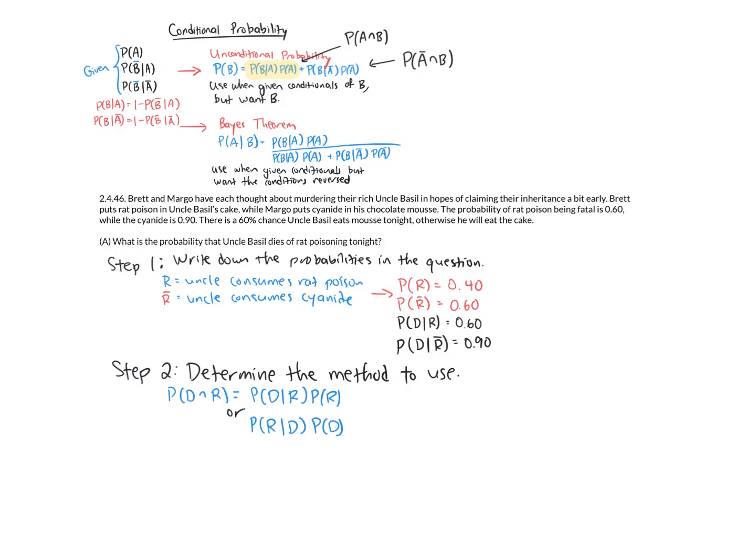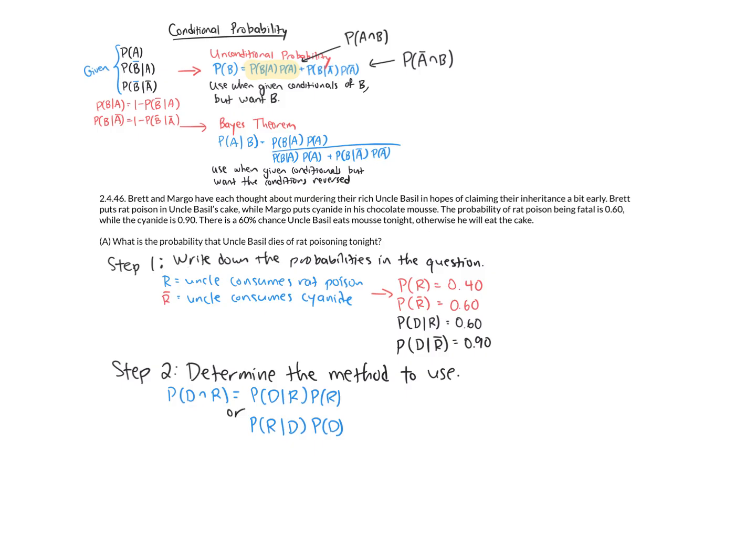So there are two ways this can be broken down with conditional probabilities. Recall that the probability of an intersection is found by taking one variable conditioned on the other. So we might want the probability he dies conditioned on consuming rat poison, or the probability he has rat poison conditioned on having died. So both formulas at the bottom here are perfectly valid.